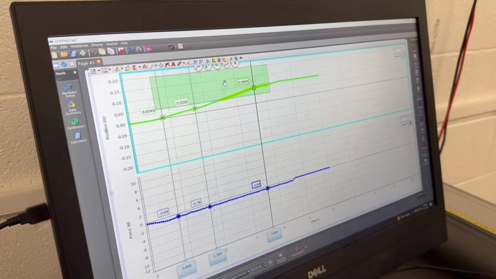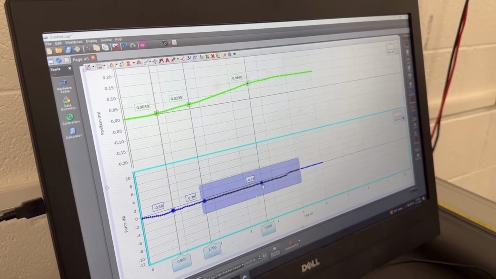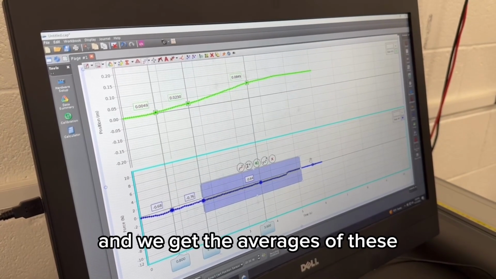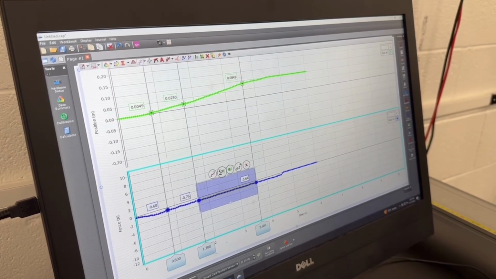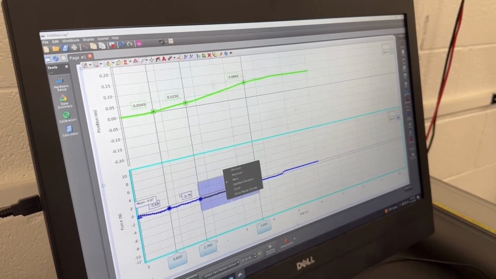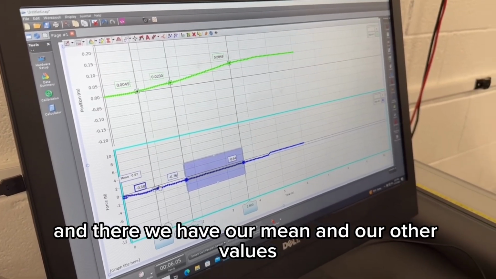We'll go ahead and highlight on the other graph. Make sure you click this graph. And we'll get the averages of these. And there we have our mean and our other values.